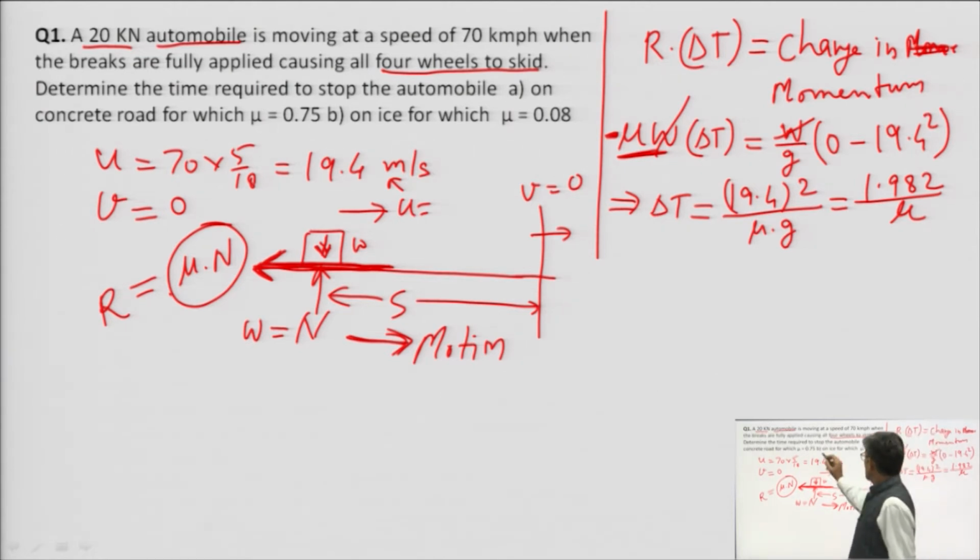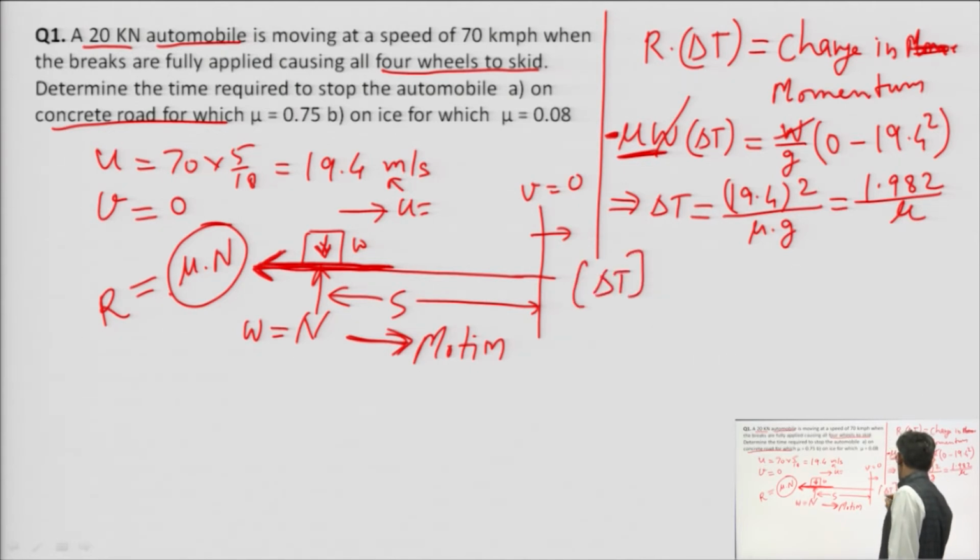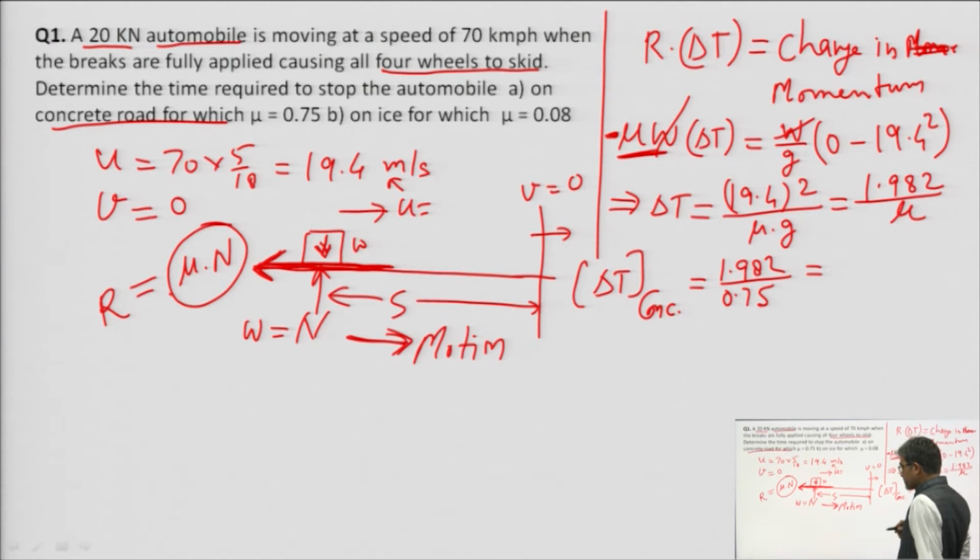So, in case of a concrete road, put the value of mu from here. So, delta t in case of a concrete road is 1.982 divided by the coefficient of friction, 0.75. So, it comes to be 2.64 second.